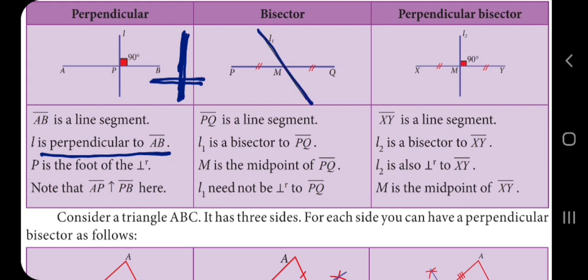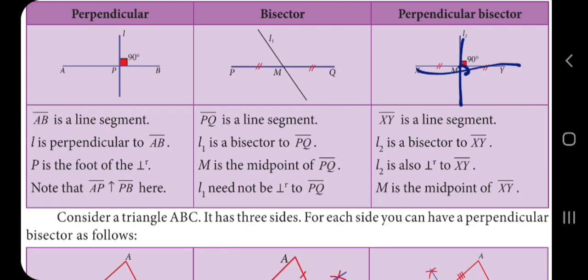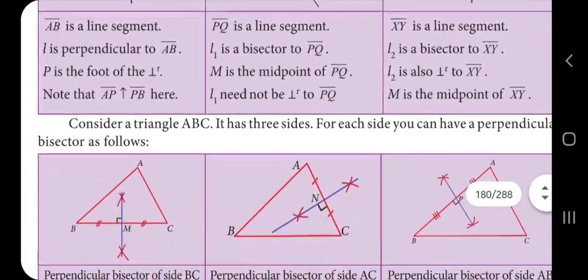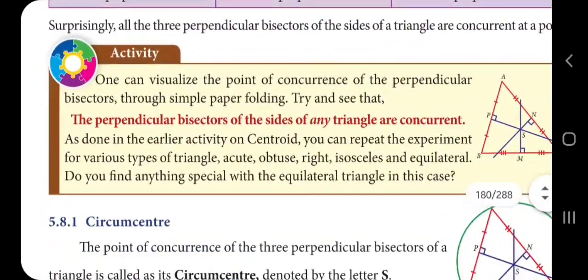Bisector means cuts. So perpendicular bisector means line segment L bisects XY, and L2 is also perpendicular to XY. M is the midpoint, with a 90 degree angle. So a perpendicular bisector is always at 90 degrees. The perpendicular bisectors of the sides of any triangle are concurrent.